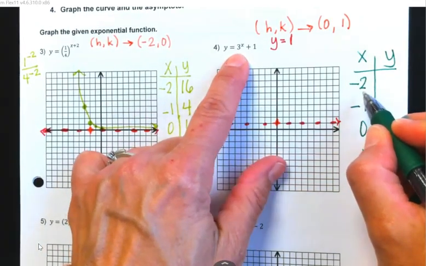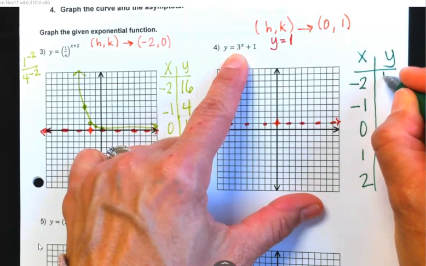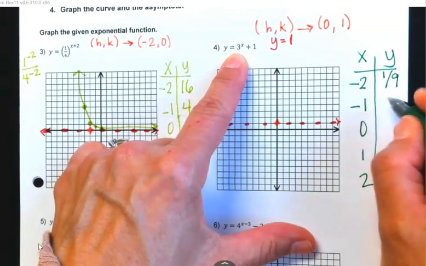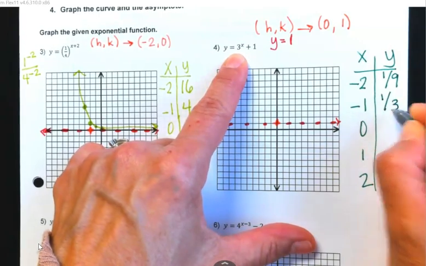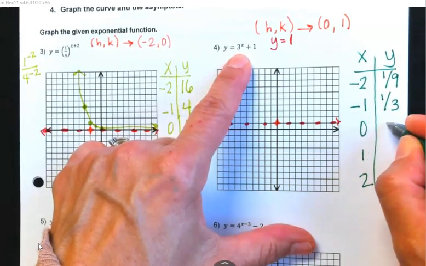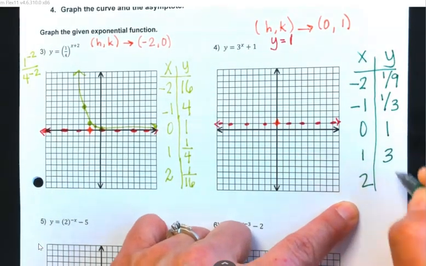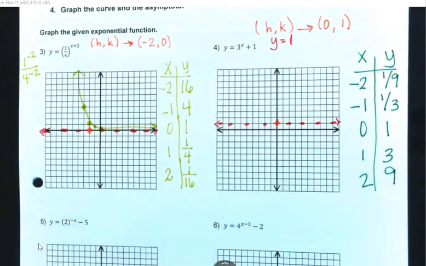So 3 to the -2nd power is going to be 1/9. 3 to the -1st is 1/3. 3 to the 0, of course, is 1. And then our last two numbers, guys, are going to be 3 and 9.